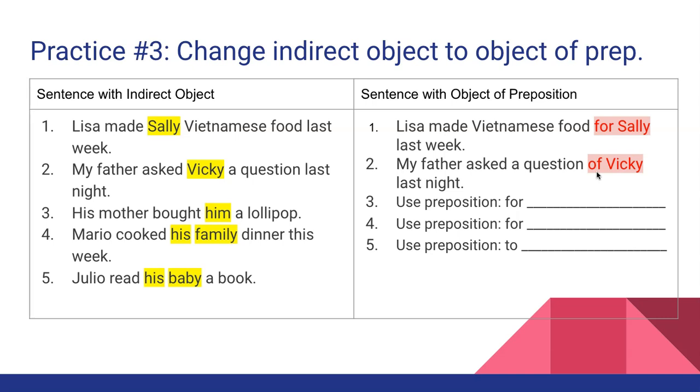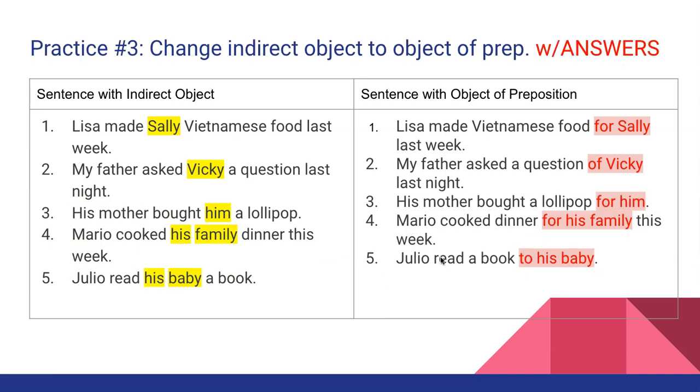So I want you to try changing the sentence and use an object of a preposition. I'm giving you the preposition that you need to use. Pause the video and change these 3 sentences to use objects of prepositions. Here are the answers for number 3, number 4, and number 5.